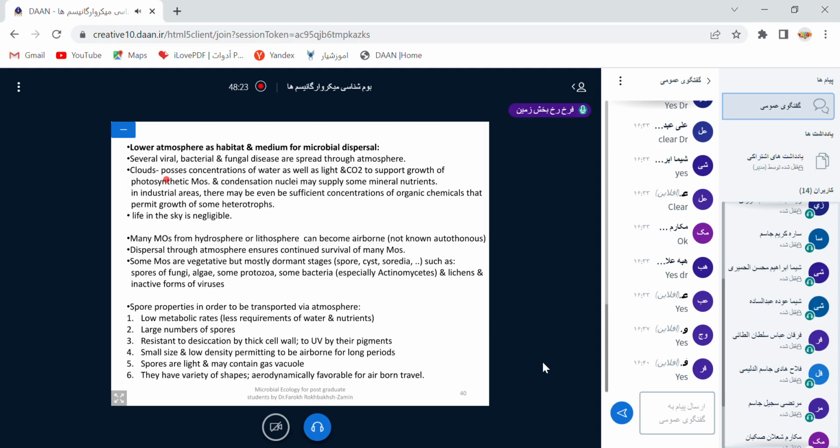Some living things are not dependent on oxygen. If there is no oxygen, life is still there on the earth. Even though we would be killed by the absence of oxygen, many anaerobic bacteria are present on the earth.